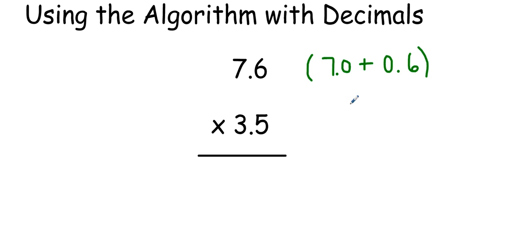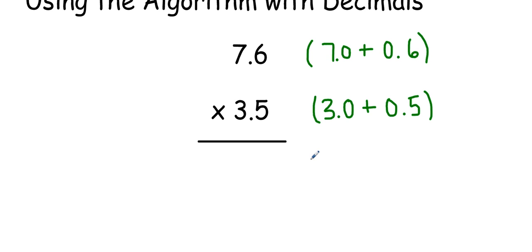In our second number, 3 1/2, we know we have one whole number, which is 3 in the ones place. And then we also have a 5 in our tenths place, which again is a half. We can use this information to help us track our steps as we work through the algorithm.